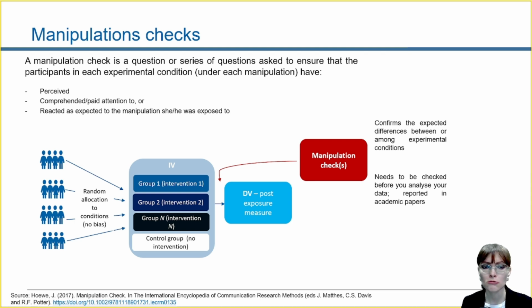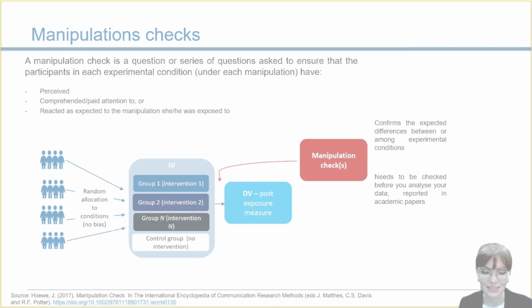In fact, if you read a lot of journal publications, you will see that manipulation check analysis precedes any other analysis. Researchers usually say that the answers in this group were in this direction, and the answers in the other group were in this direction, confirming that the manipulation worked as intended.